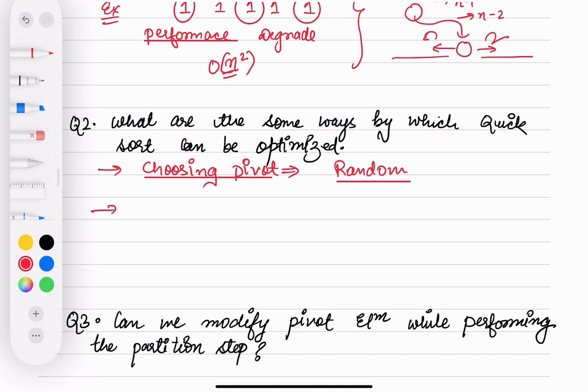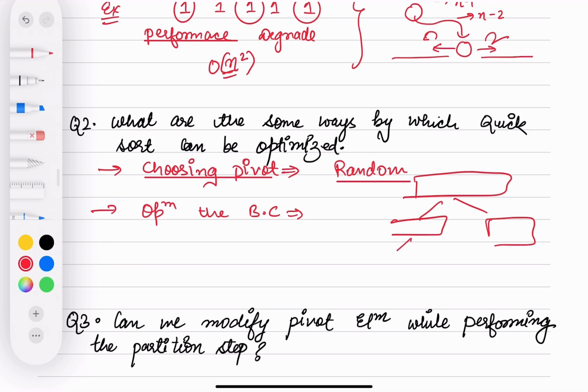Now the other thing is called optimizing the base case. What you do basically is you have a problem, you divide it into two subparts. If you implement an alternative sorting algorithm for sorting these subarrays, it can also reduce the overhead of the recursion. Basically, you apply quicksort here, then here and there, so there is an overhead of recursion.